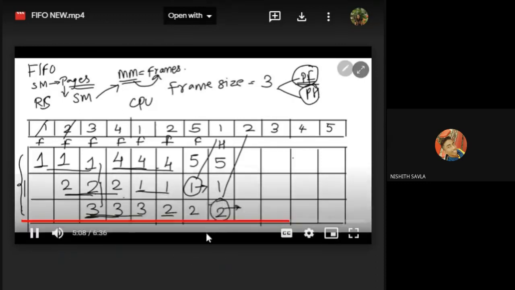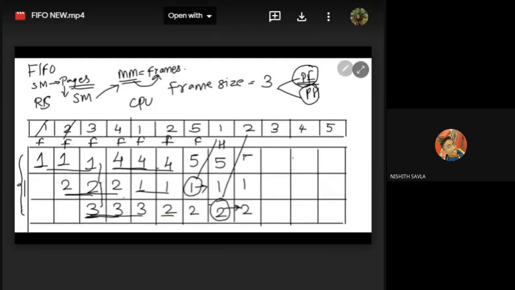For 2, same. 2 is already there in the memory. Copy as it is along with the remaining frames. So again there is a page hit. Next to load 3, check the occurrences. 5 has occurred 3 times, 1 has occurred 5 times, 2 has occurred 4 times.